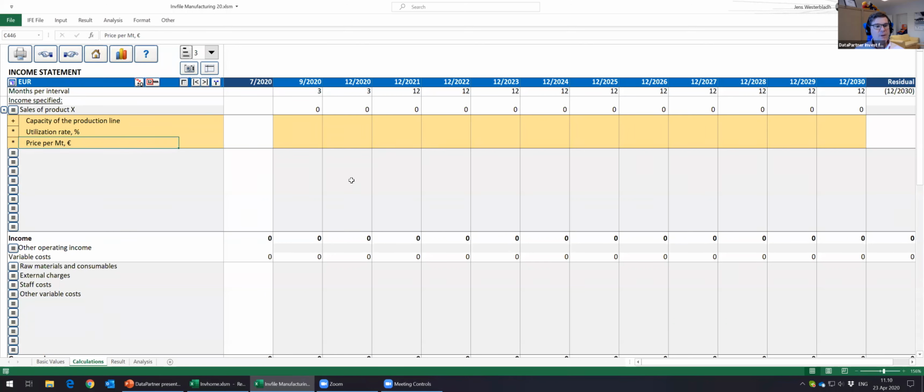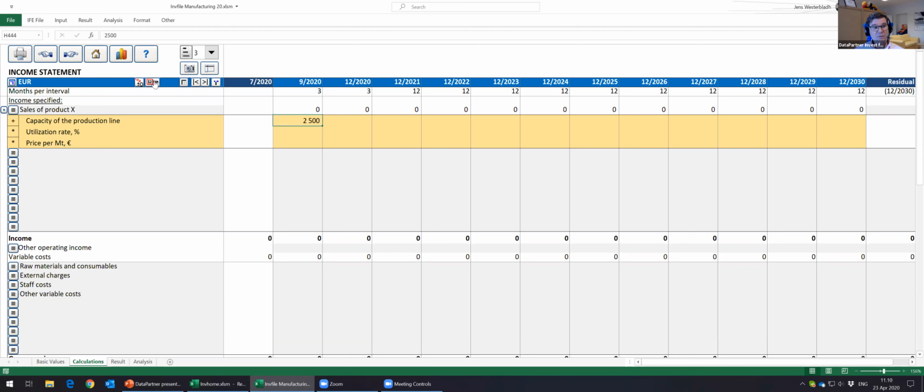Okay, so the capacity is like 2,500 tons per quarter, 10,000 on annual basis. So I enter the 2,500 here in the first column, and in Invest for Excel it's usually enough to just enter one number and then use the copy distribute button to distribute it to other periods.